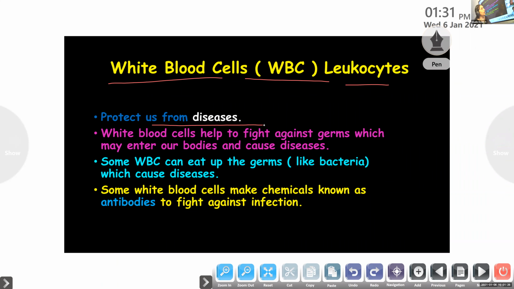Which component in blood protects us from diseases? White blood cells.